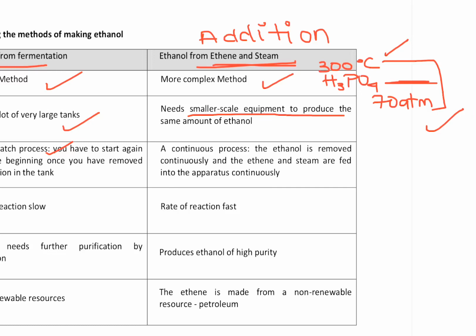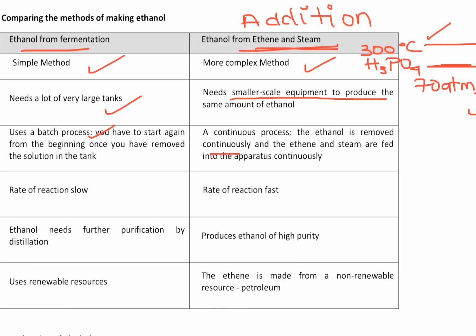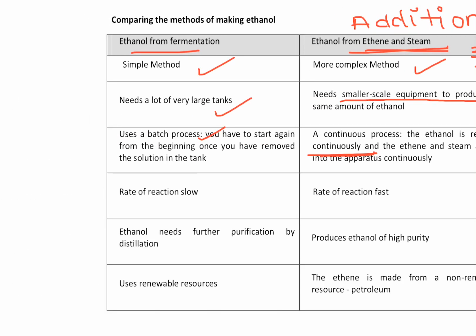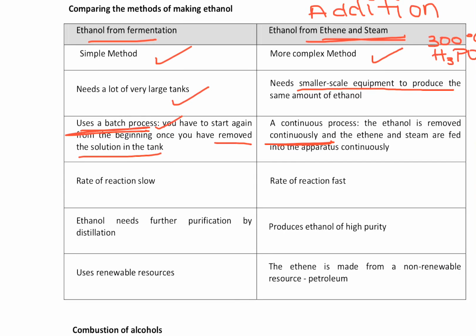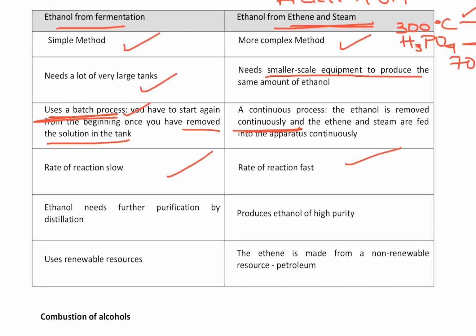You don't need to add catalyst all the time, you just need to add ethene to the reaction mixture. It is continuous, and here it's called a batch process because you have to remove the solution and add the yeast again and give it sugar again. Fermentation is a slow process, addition is a fast process.